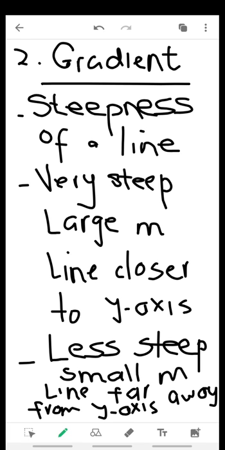If a line is less steep, what does that mean? It means we have a smaller gradient, and that means the line is far away from the y-axis. That is all about gradient. A gradient is about the steepness of a line, and that's it.